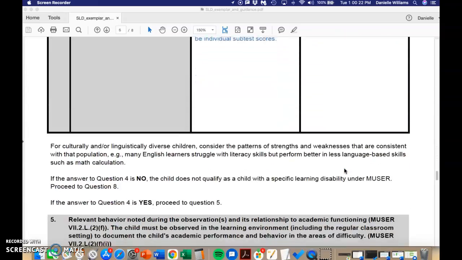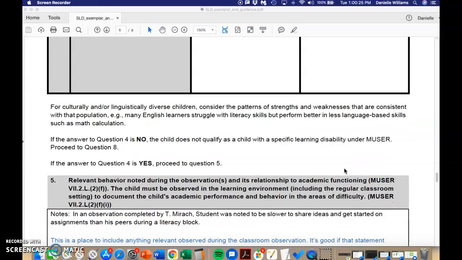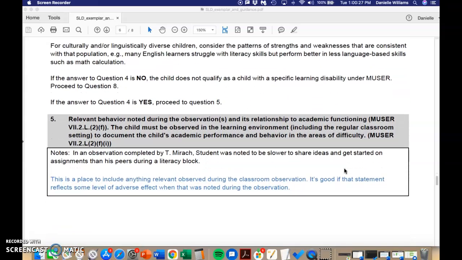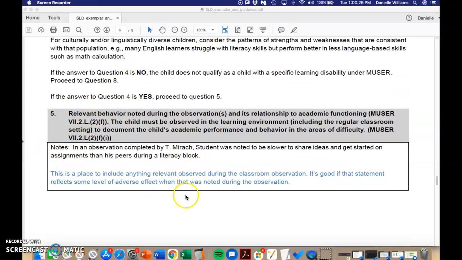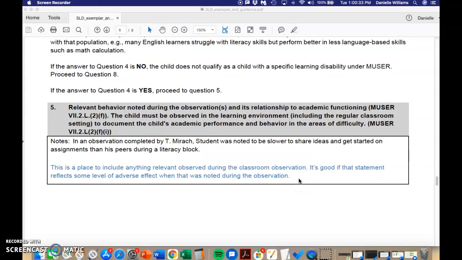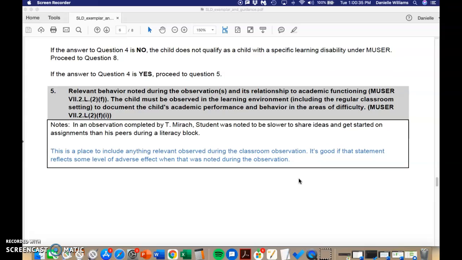Once you've done that matrix, and assuming that you have indicated a pattern of strengths and weaknesses is present, then you'll move on to box 5, which is just a quick recap of your classroom observation in terms of stuff that was relevant. That can sometimes be harder to find when we do a classroom observation for a student with a specific learning disability.